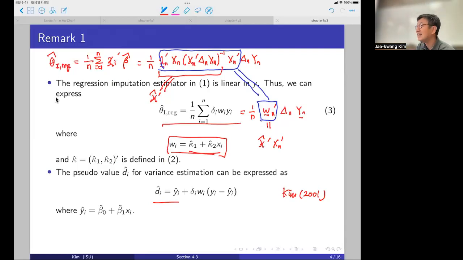So here, the WI, is the weight always larger than one? Well, this is about linear regression, so WI is what you obtain from all this.